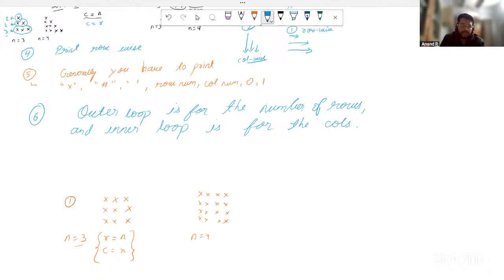It can happen that the outer loop is 1. There can be multiple inner loops, generally between 1 to 3. Okay, let's take it forward.